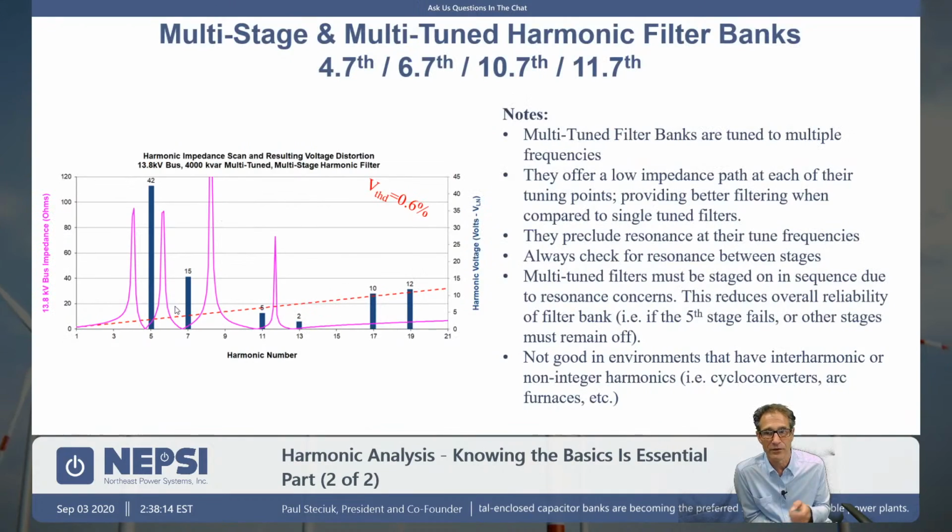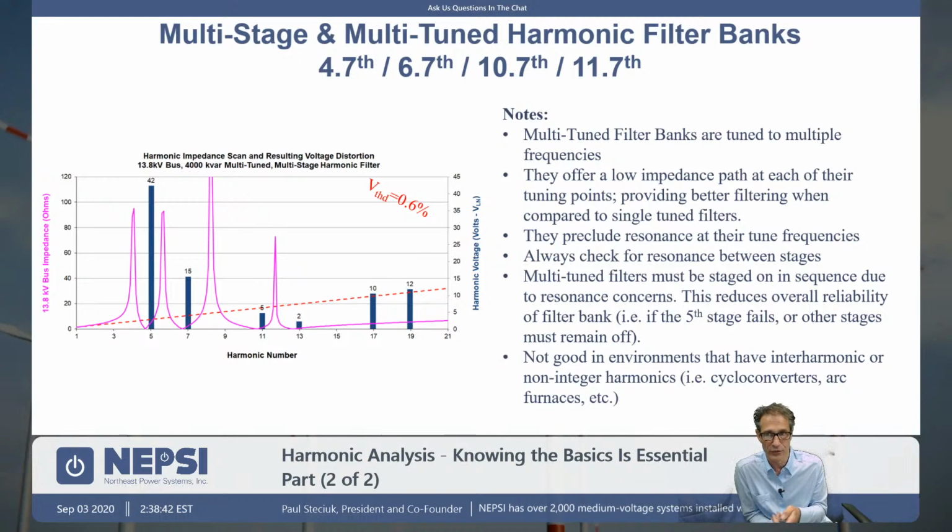And it's very likely and very possible that that resonance would shift over the 5th harmonic. So for multi-tune filters, if you lose the 5th harmonic filter, the 7th harmonic filter that remains online could potentially shift over the 5th harmonic, and you could have a resonance concern.